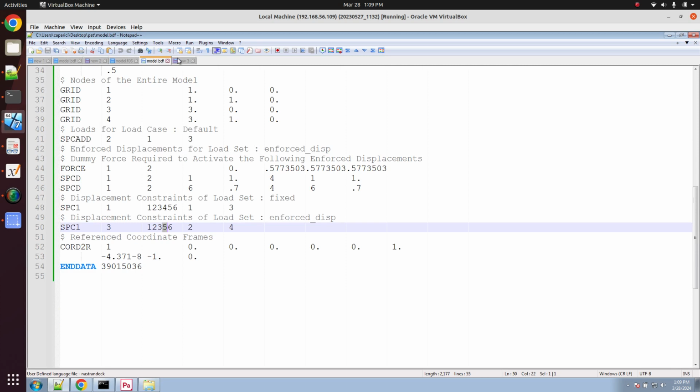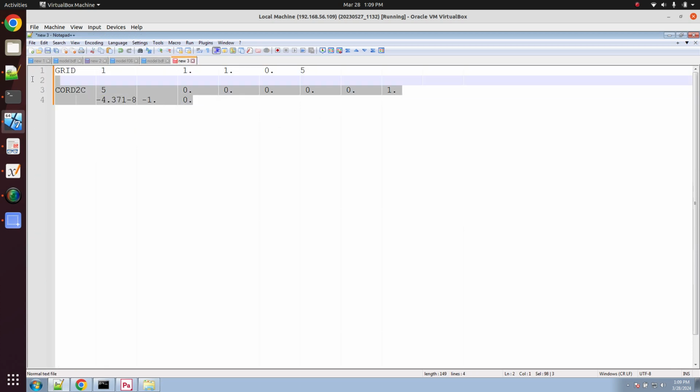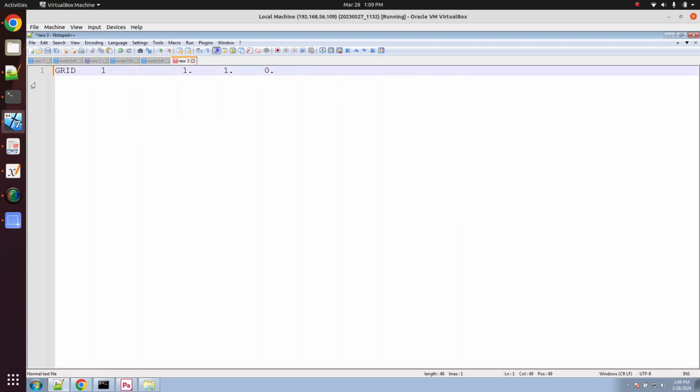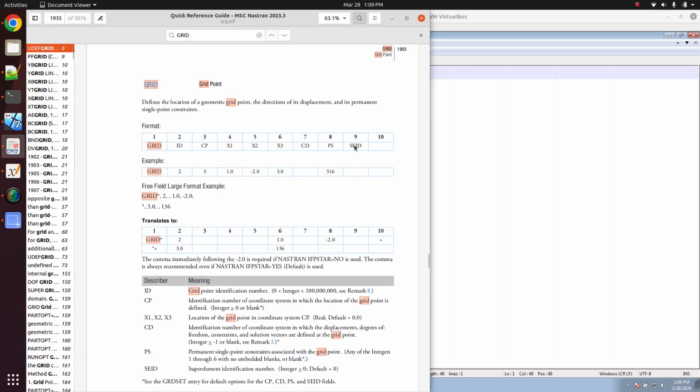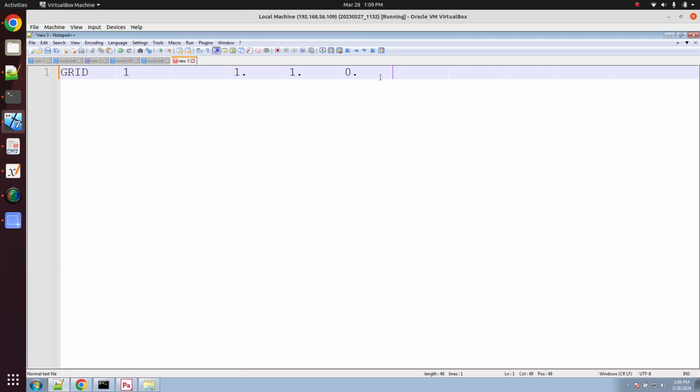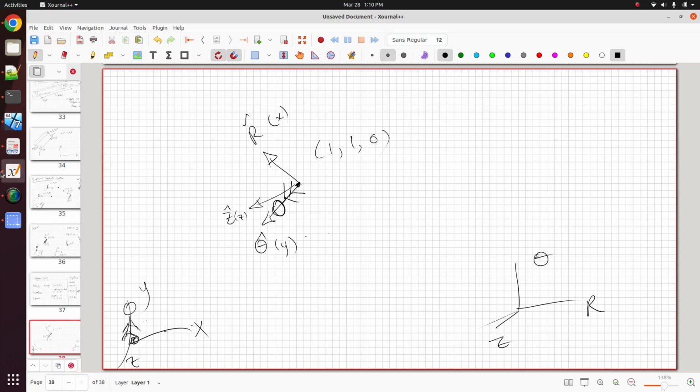Now, if today is your first day using Nastran, then that field, which is field 7, is most likely blank or set to 0. If it's blank or set to 0, you're using the basic coordinate system to look at your displacement. So let me draw that just so you see what the observer looks like.